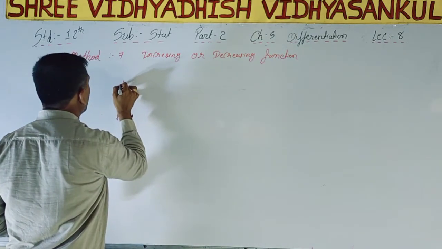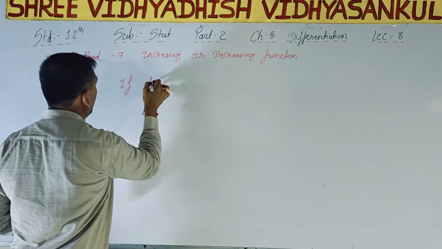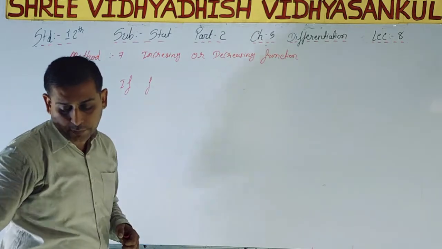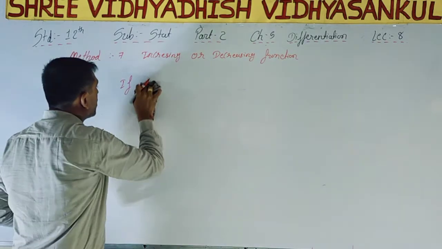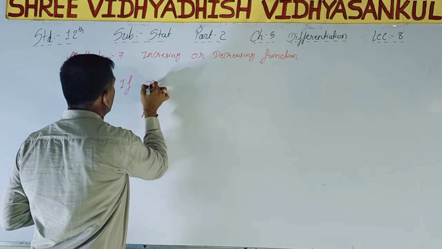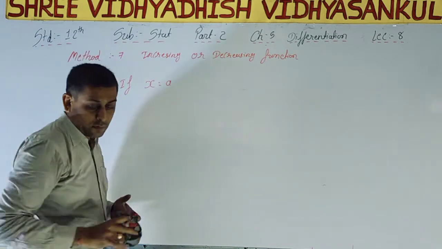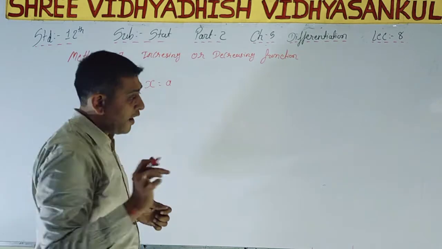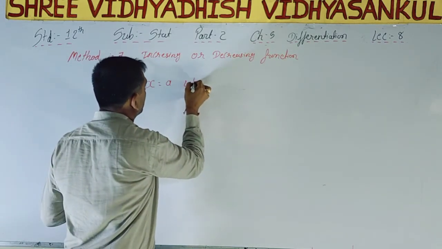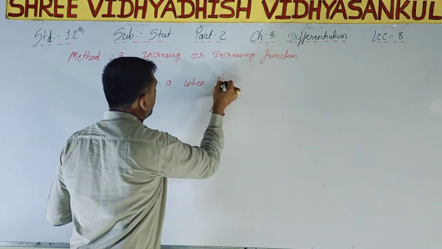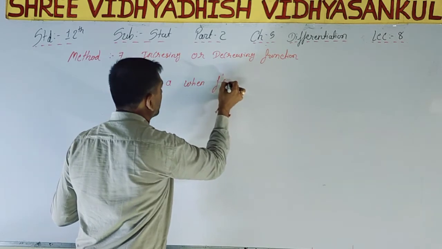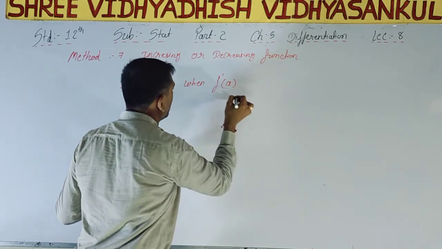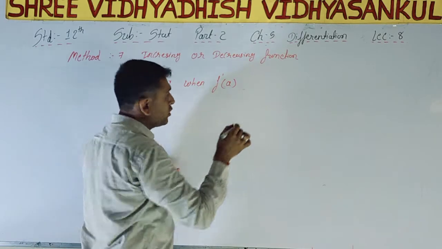If x is equal to a, the function is increasing when f dash a is greater than 0.